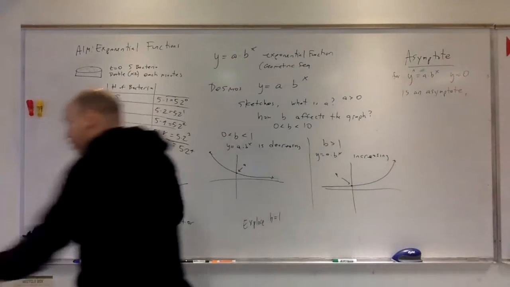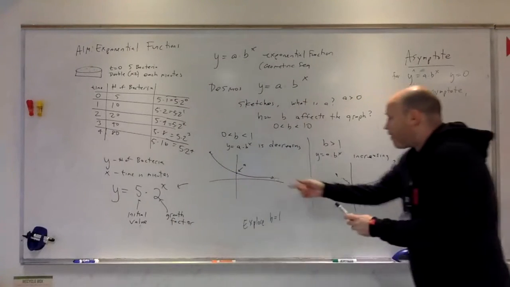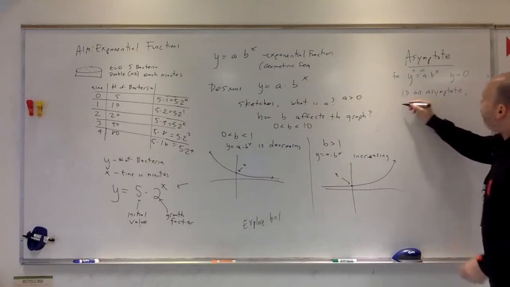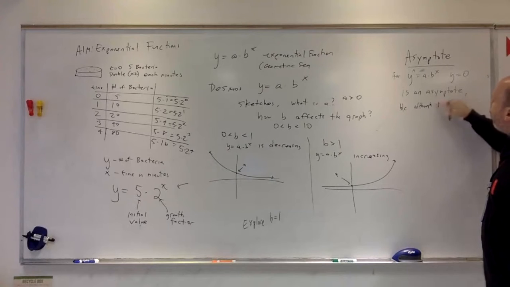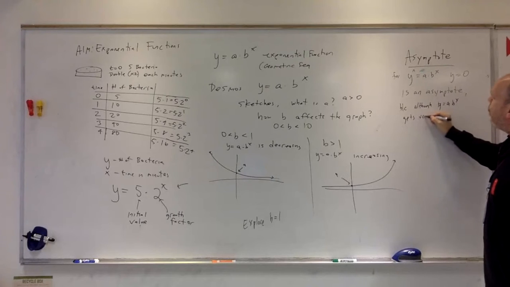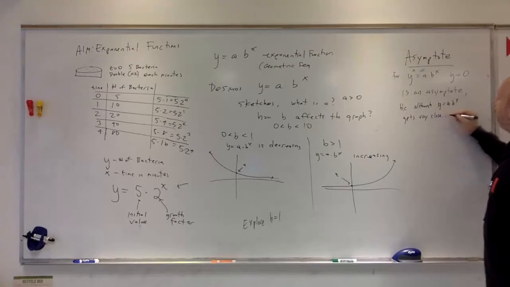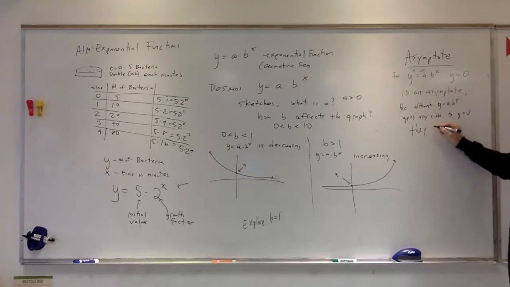And the idea is, you can see it here, although these graphs get really close to it, because although y equals a times b to the x gets very close to y equals 0, they never meet.